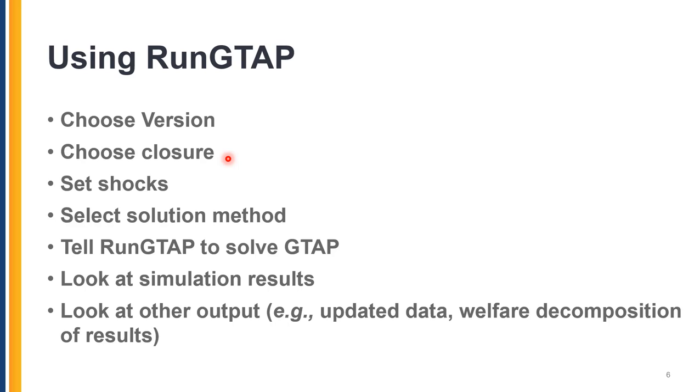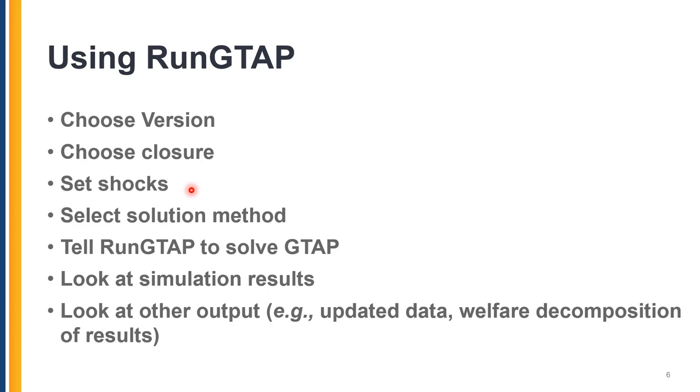We'll use the standard GTAP theory that says zero profits for perfectly competitive firms, and markets clear the prices to determine exchange quantities.